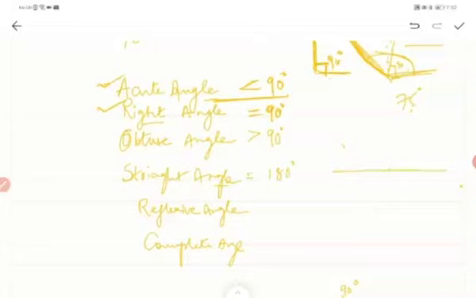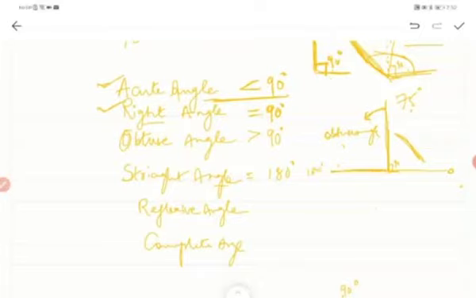So we are starting from 0. Our separating line, if you take this as 90 degrees: less than 90 is an acute angle, exactly 90 is a right angle, and greater than 90 degrees is an obtuse angle. When it comes exactly here and becomes a straight line or straight angle, it is 180 degrees.